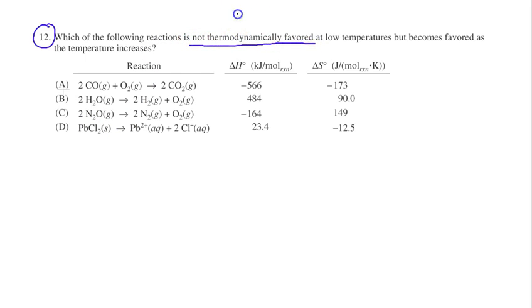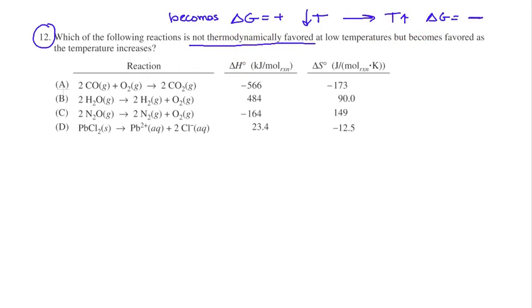That would mean a delta G that becomes positive at low temperatures, but becomes favored as temperature increases. So when temperature increases, delta G can move to the negative value. But we want to know when the temperature is low.